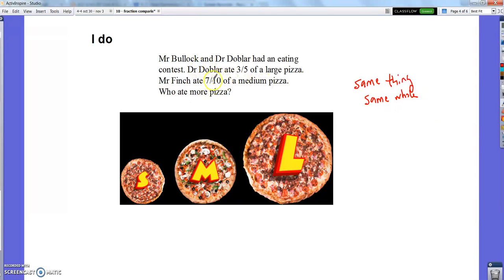Because here, if we look at, I ate the large pizza 3/5, you just want to imagine it. Cut that into fifths, and I ate 1, 2, 3. Mr. Bullock's was in tenths. Not really my best drawing ever.